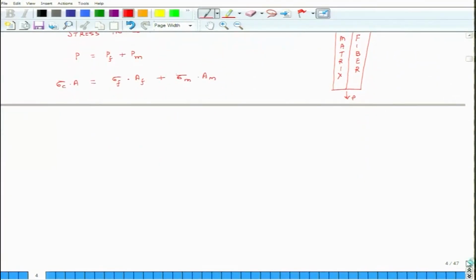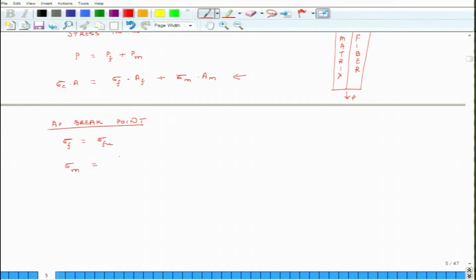Now, this is the general relation before anything is breaking. At break point, what is the value of sigma F? Sigma F will be sigma Fu. What is the value of sigma M?